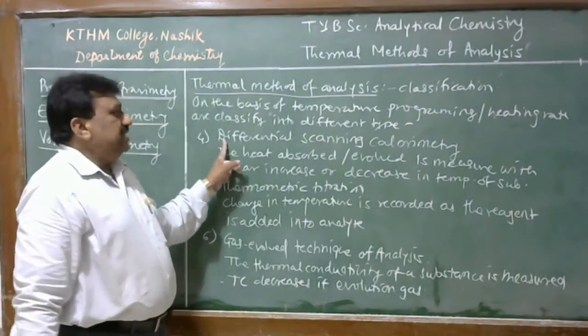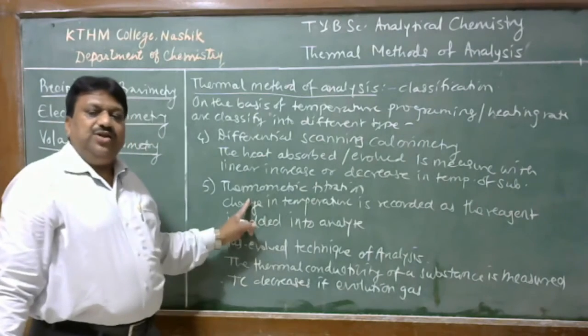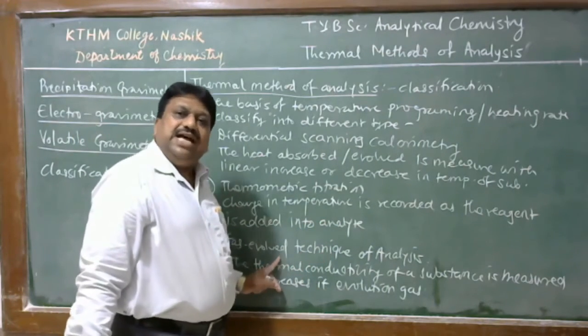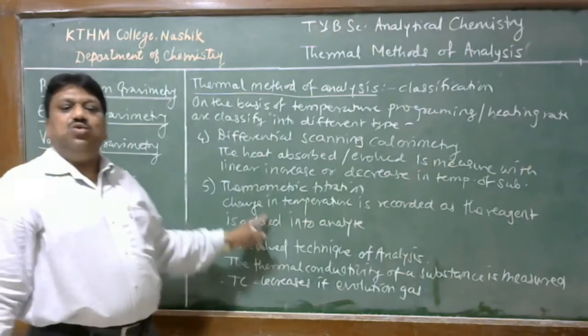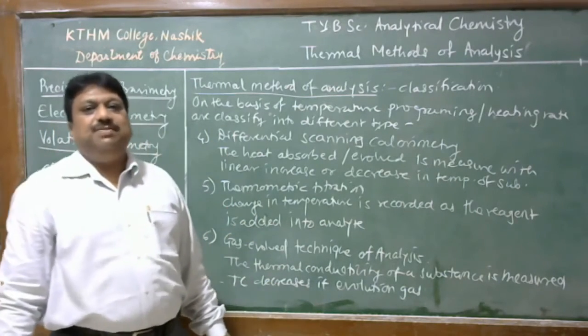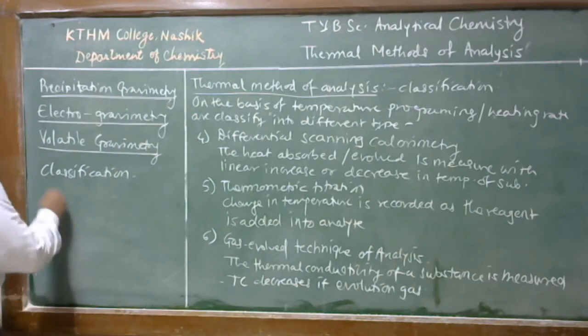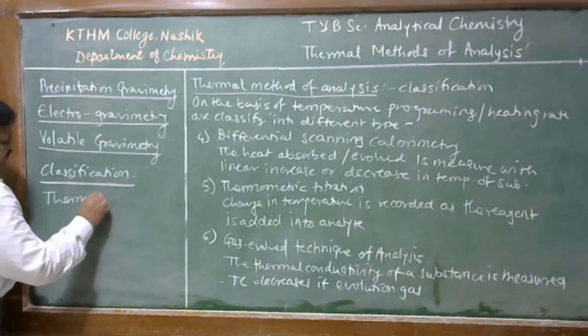Number 4 is differential scanning calorimetry. Number 5 is thermometric titration, and number 6 is the gas evolved technique. Students, this is about the classification of thermal methods of analysis. Now we discuss the first type, thermogravimetric analysis.